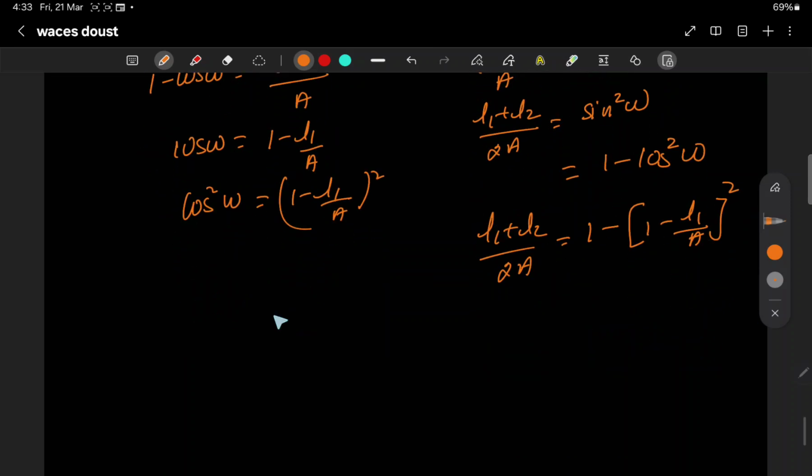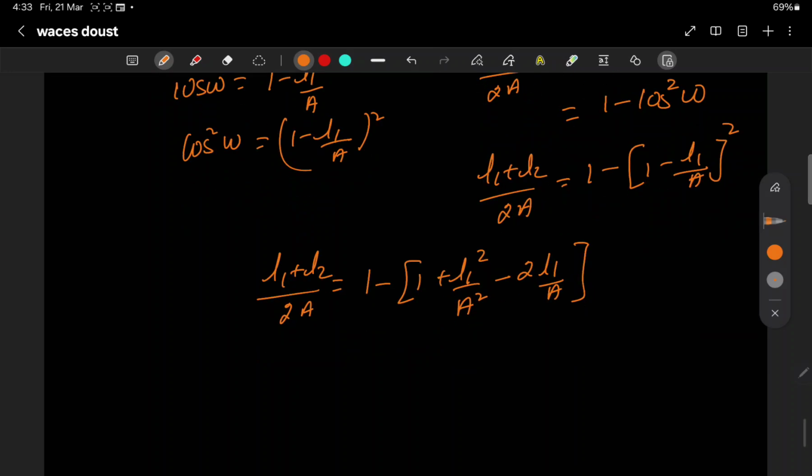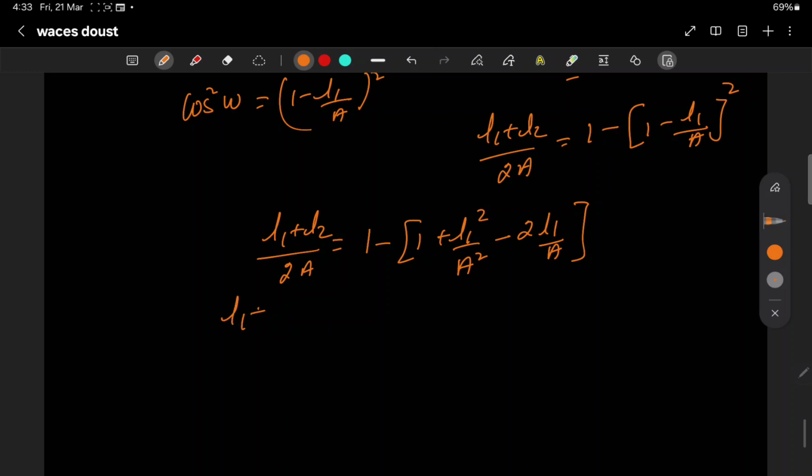Then if you expand this square, you will get 1 plus L1 square by A square minus 2 L1 by A. So L1 plus L2 by 2A is equal to 1 minus 1 plus 2L1 by A minus L1 square by A square.